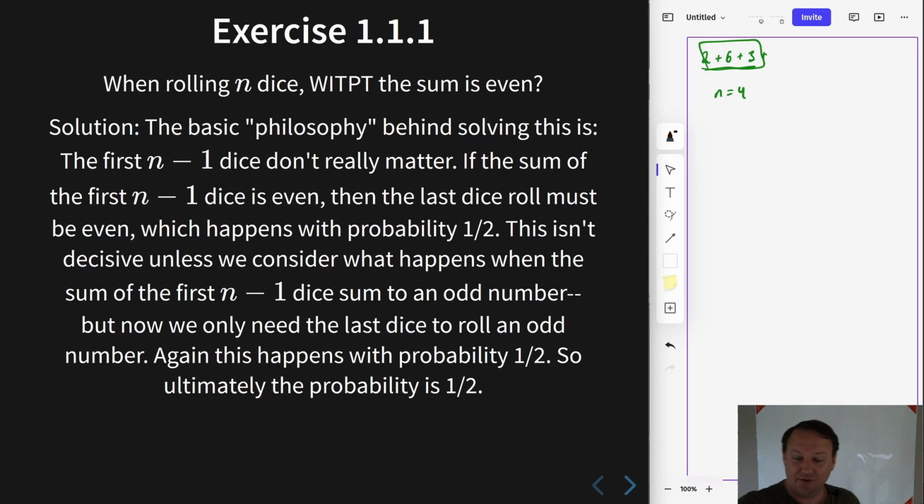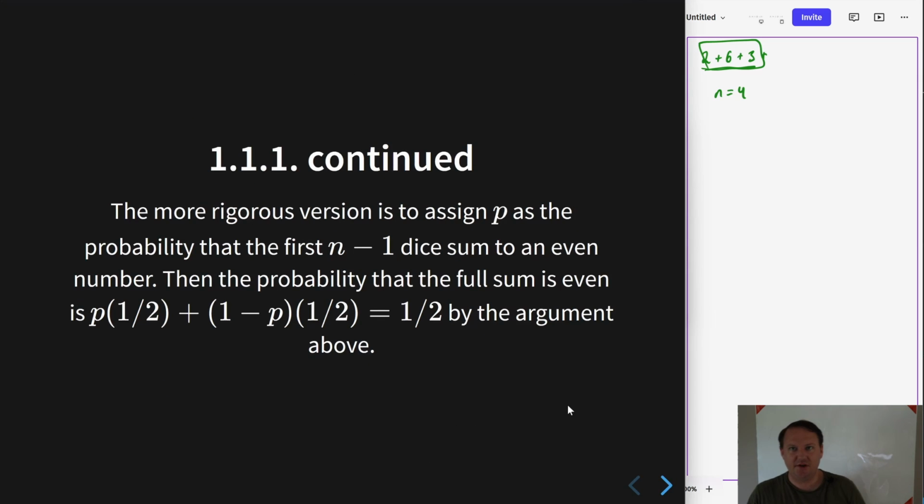So very easy solution, but not at all obvious how you are supposed to approach that problem, in my opinion. Anyway, just in case anybody's curious, I've written up a slightly more formal argument that formalizes the more intuitive argument I just gave. So that's all that is on this slide.